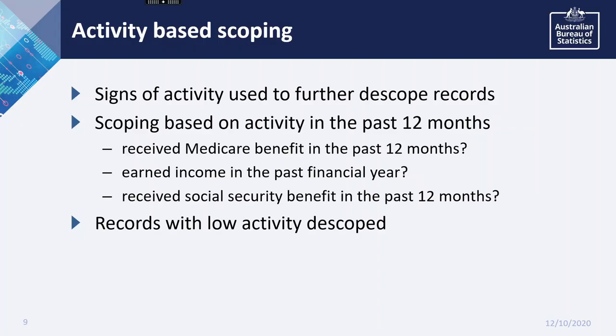Like we've looked at Medicare, whether persons have received Medicare in the past 12 months, earned income in the past financial year, or received a social security benefit in the past 12 months. Based on that activity or lack thereof, we can make a decision of which records we suspect we can remove from the Australian population.